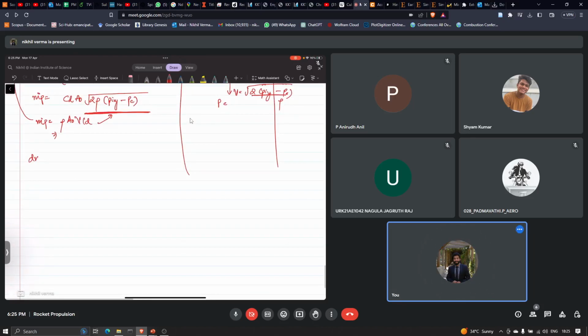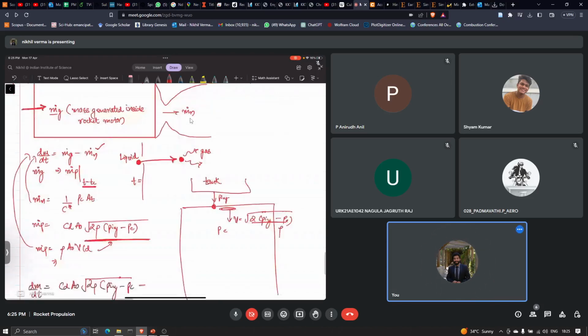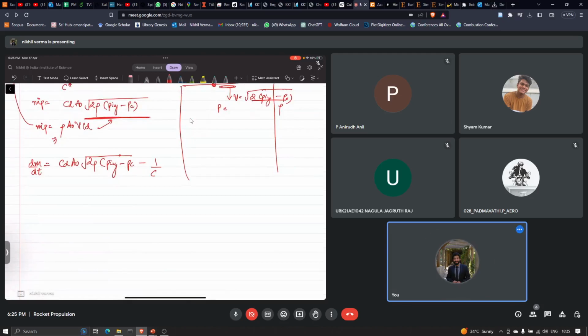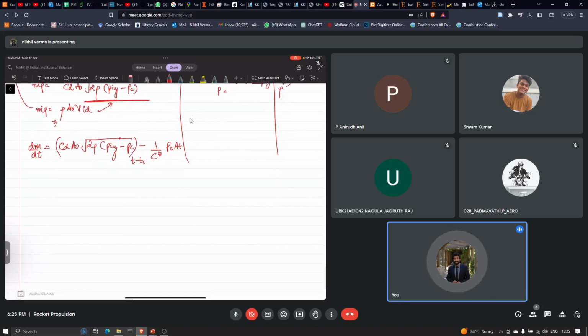Now dm by dt is Cd A naught root 2 rho (P injection minus Pc), taken at t minus tc, minus 1 by c star Pc At. Now let us write this equation in terms of pressure.